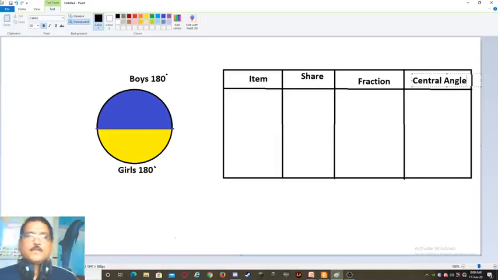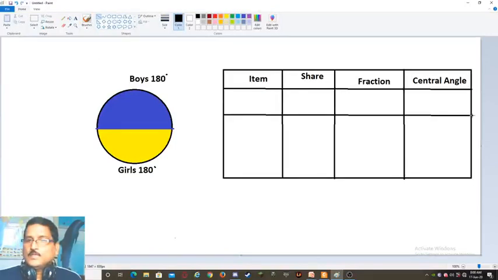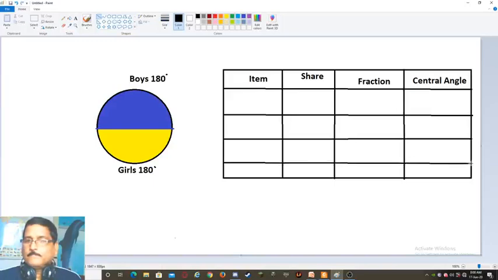Clear? Now divide this part again. 4 items are there, na? 4 items, you will divide it. Clear? Now what are the percentages they have given?